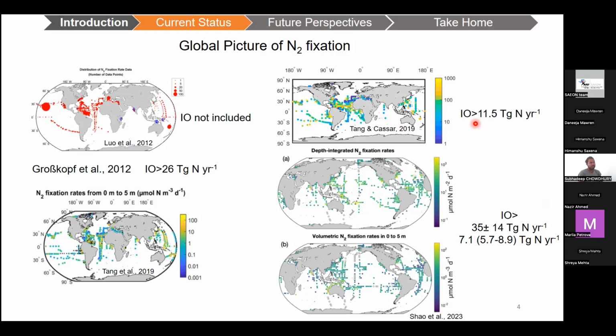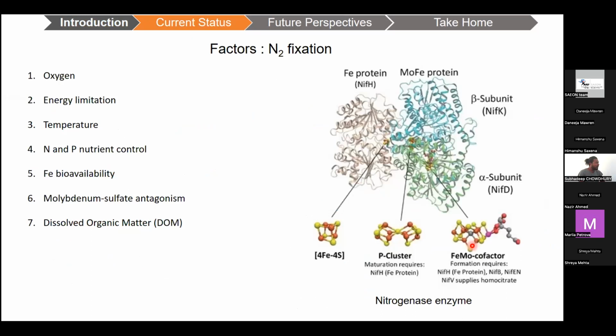Recently, a compilation was published last month, where they tried to incorporate more data that was earlier not added into the database, to know how the Indian Ocean contributes to the global budget. Their compilation suggested that the Indian Ocean contributes 35 teragrams of nitrogen by arithmetic mean and 7.1 by geometric mean.